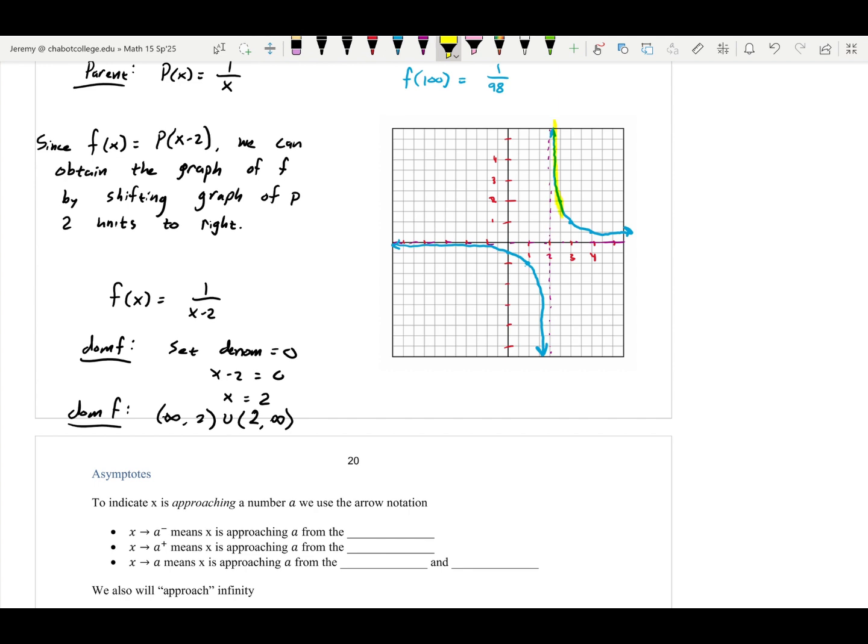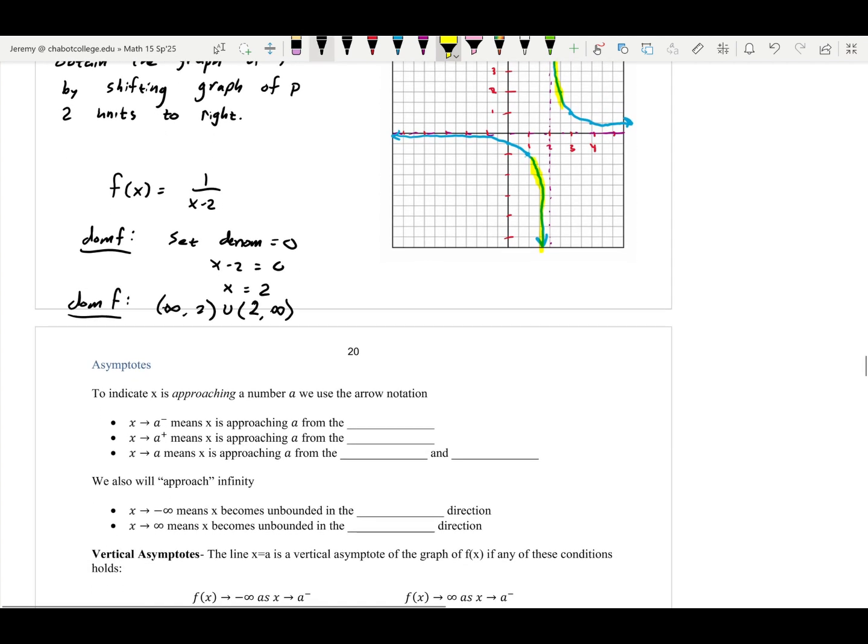But if we approach 2 from the left-hand side, the values are going down to negative infinity. So this notation, x approaches 2, is not really descriptive enough.